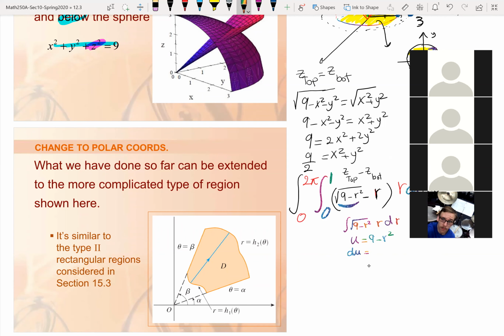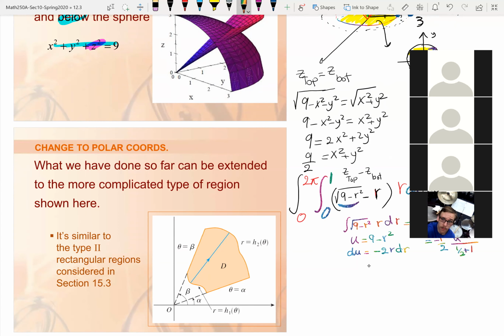So you take u to be 9 minus r squared, and minus 2r dr is your differential. So this becomes minus half times the integral of the square root of u du. That gives you minus half times u to the 1/2 plus 1, over 1/2 plus 1.